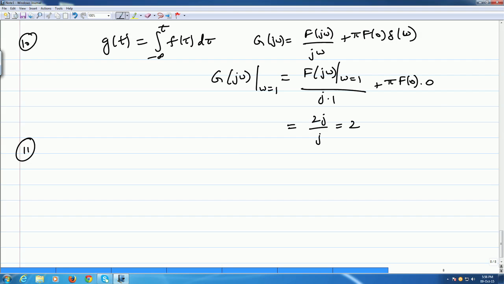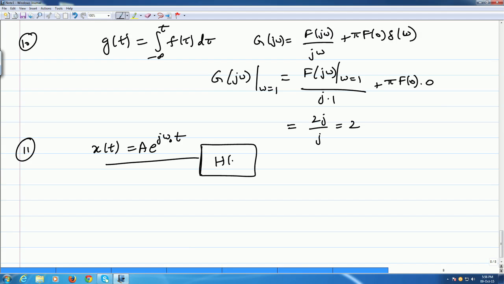The 11th question actually asks you to find the output of an LTI system. So, x of t is actually a times e power j omega naught t, and this is sent as an input to an LTI system with the frequency response h of j omega, and it asks you to find the output y of t, okay. So, now it is good to deal with the Fourier transform.